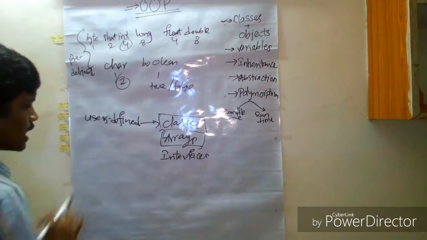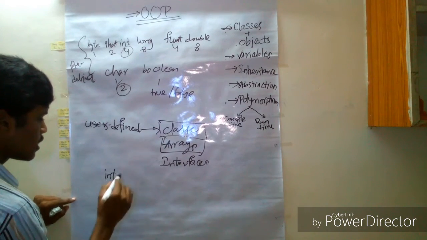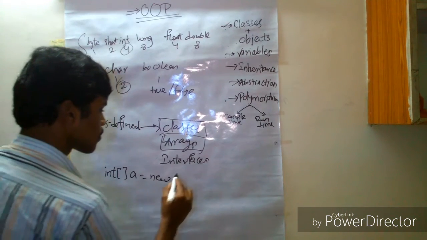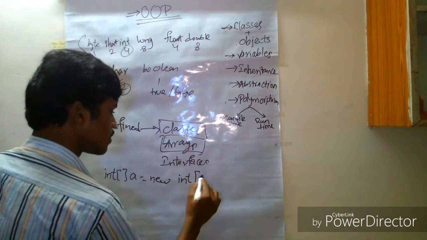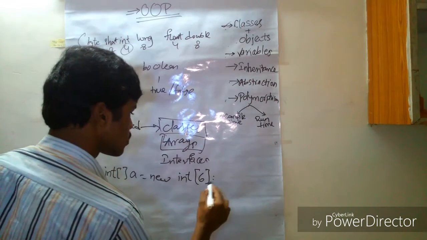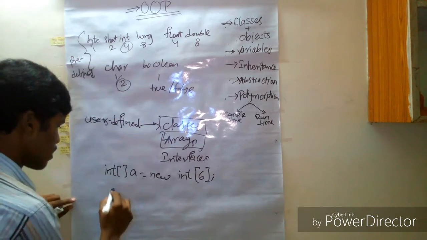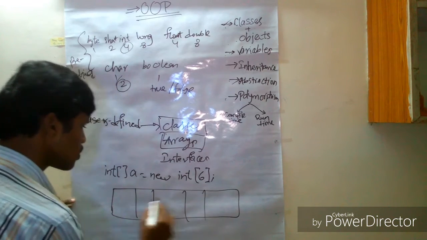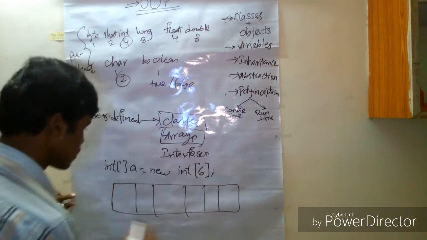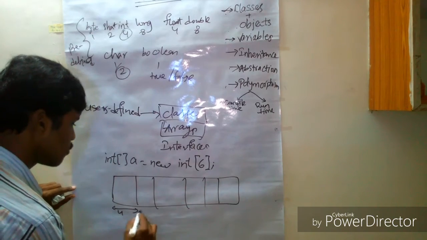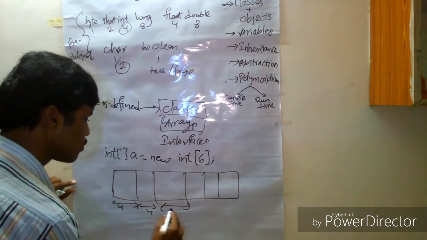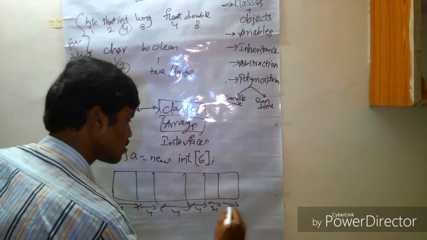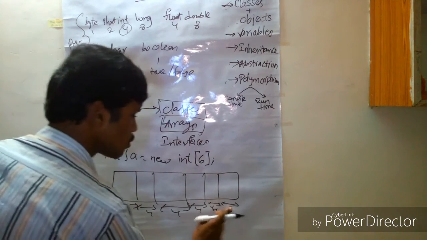So creating an array in Java is int a is equal to new int of size 6, so that memory spaces 1, 2, 3, 4, 5, 6, each of 4 bytes.